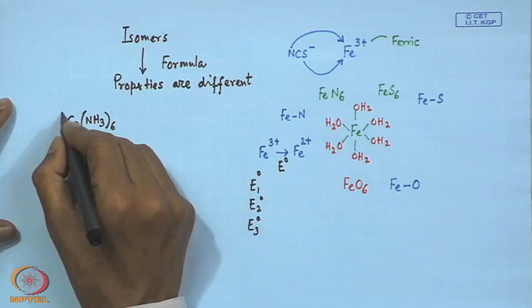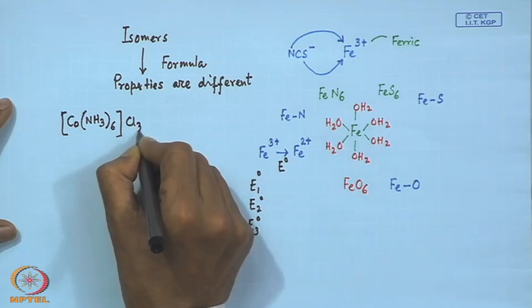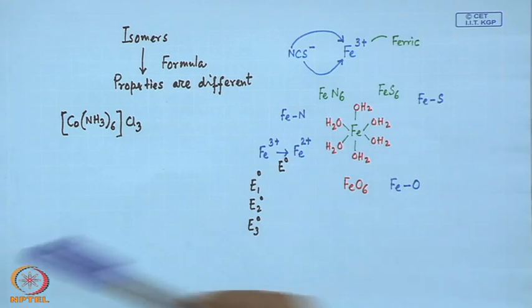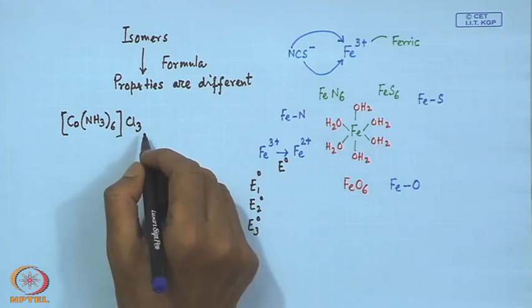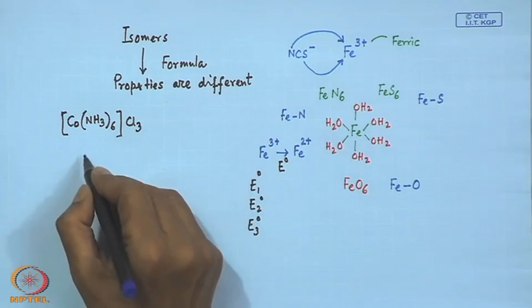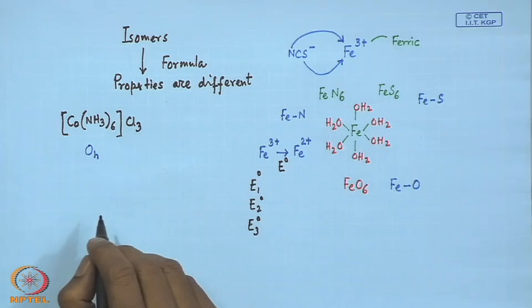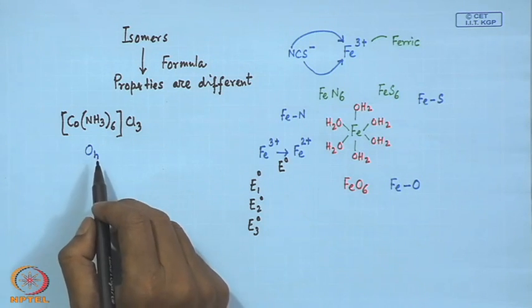So, if we get the corresponding hexaammine compound of cobalt, and if it is made from the chloride salt of cobalt in the presence of ammonia, we get this compound, and we all know that it is a very useful, beautifully colored compound which is orange red in color and octahedral in geometry.